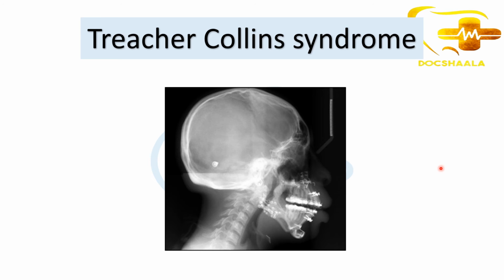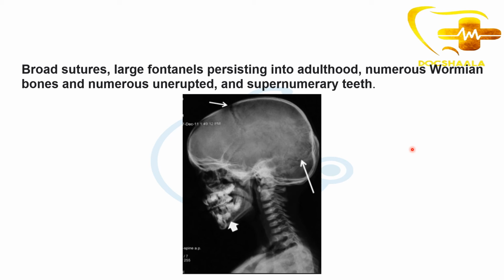Okay, then coming to this. Here you can see the sutures are broad, right? That is, they did not fuse and they are broad. There are large fontanelles persisting into adulthood. This is an adult skull, right?